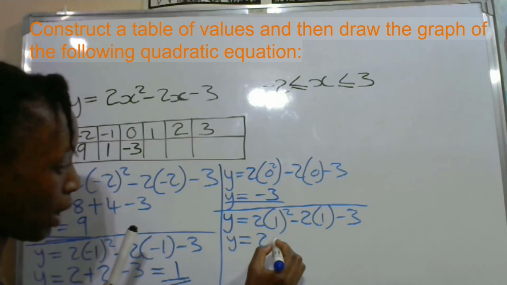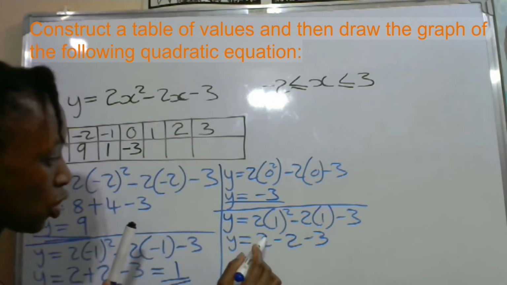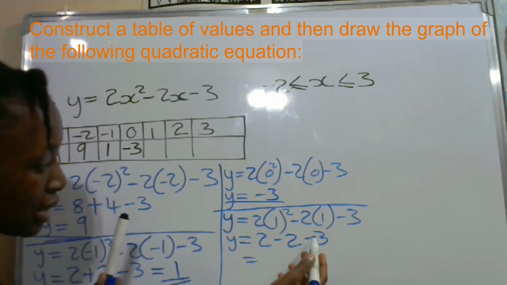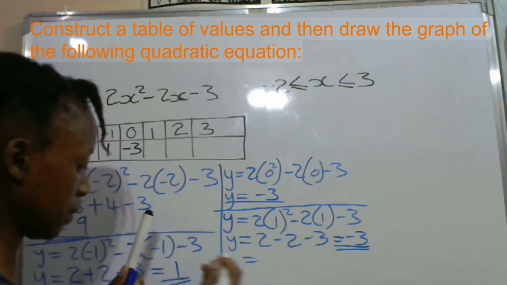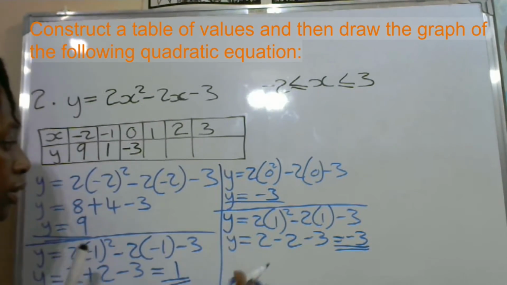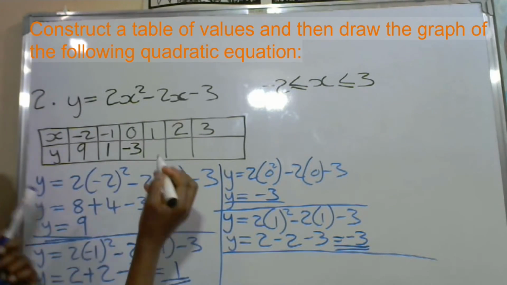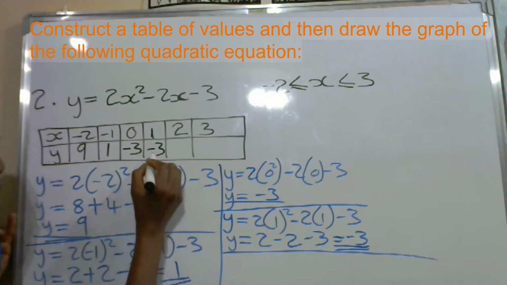Negative 2 times 1, it's negative 2, minus 3. So 2 minus 2, it's 0. 0 minus 3, you remain with your negative 3. So we know that when x is 1, our y is negative 3.